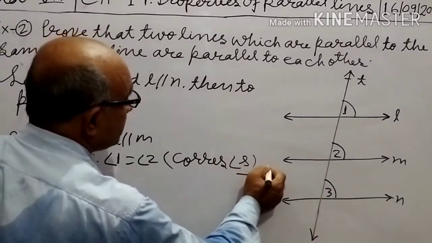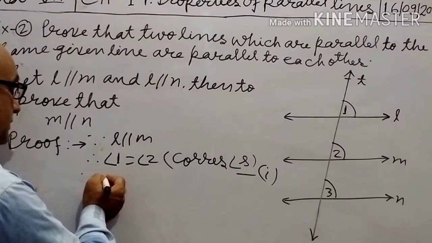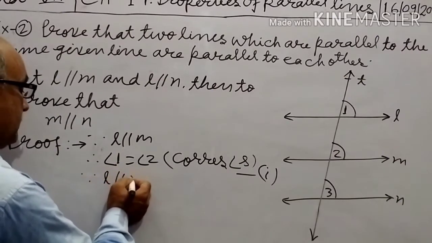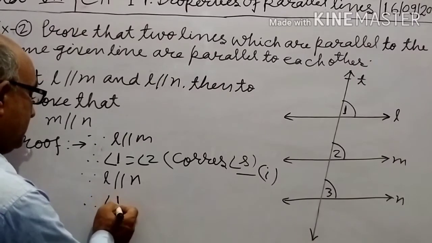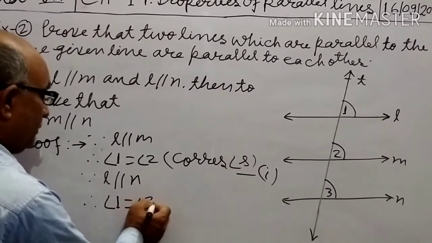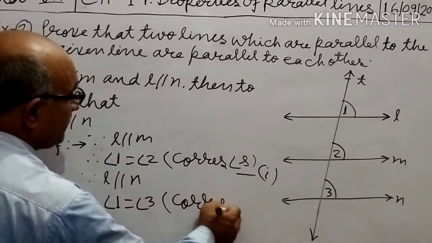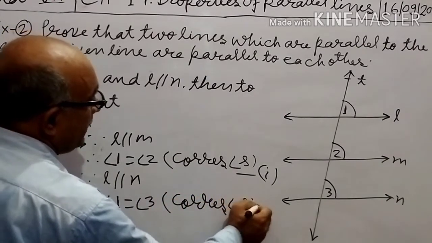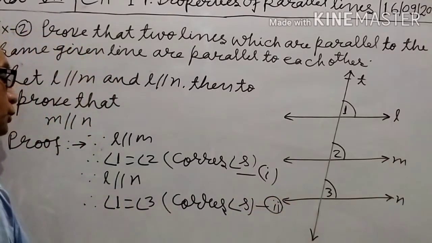Equation 1. Second, since L parallel N, therefore angle 1 equal to angle 3. It is also a pair of corresponding angles. Equation 2.